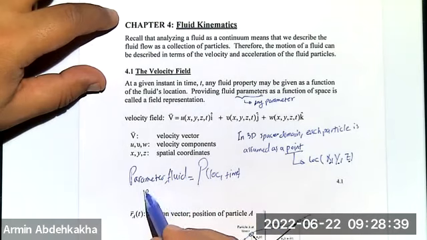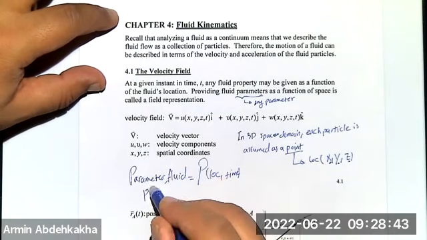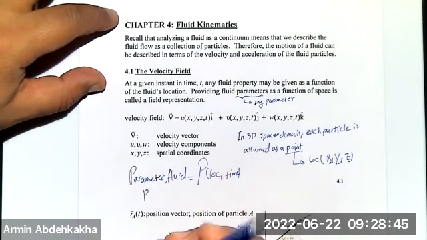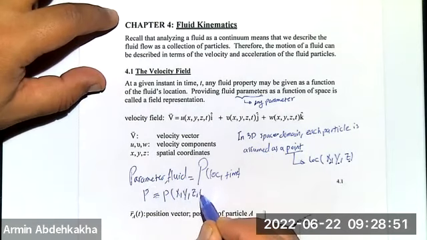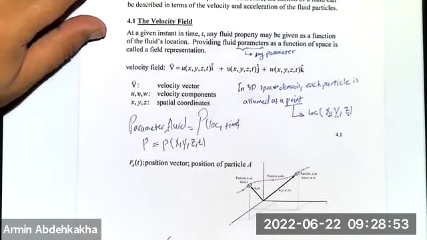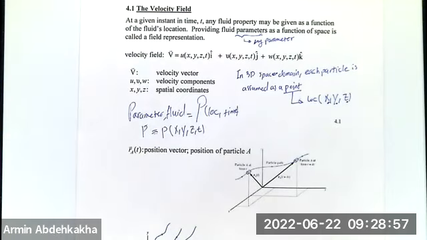For example, the pressure field representation could be P of X, Y, Z, and time. Okay. So here again, because velocity gives you the movement and the equation of motion, we are talking about velocity much more.